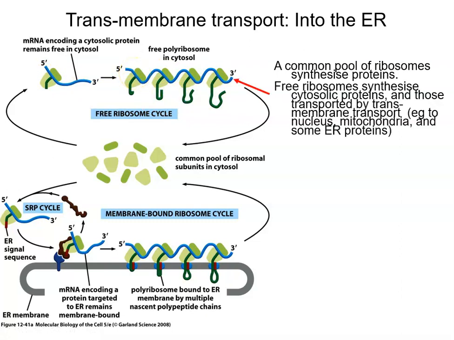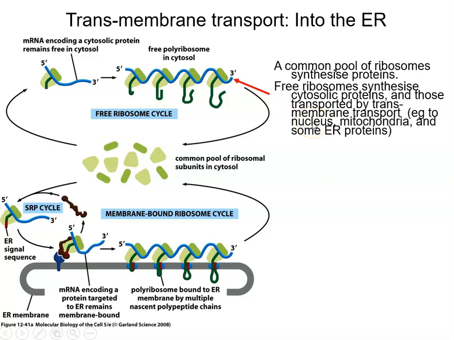So we've got the free ribosomes and the endoplasmic reticulum bound ribosomes down here, but they come from a common pool of ribosome subunits which are lurking around in the cytosol. These proteins are produced freely floating in the cytosol, and then they can make their own way by transmembrane transport to the mitochondria and ER, or they could do gated transport to the nucleus.